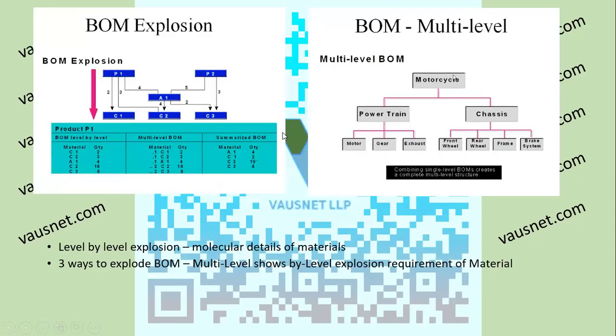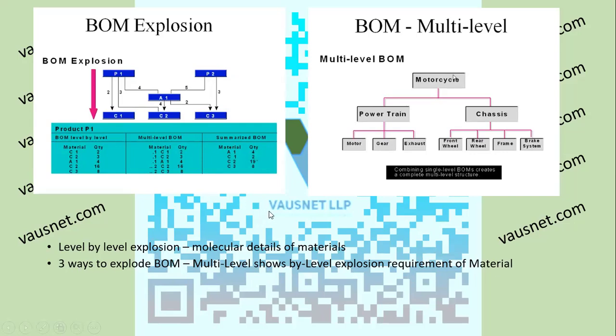Explosion of the BOM. Now, why do we actually need to explode the BOM? Because we need to get the granular details to create a finished item. So there are three ways to explode a bill of material. Multi-level shows the by-level explosion and requirement of material.